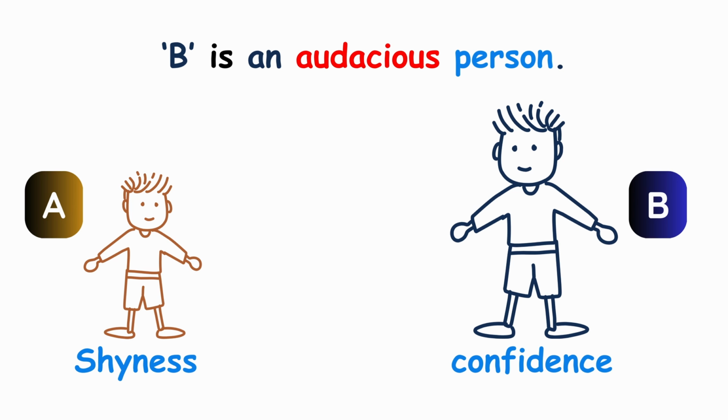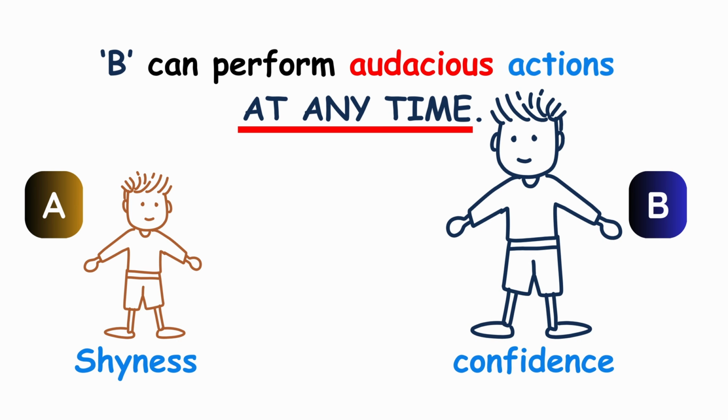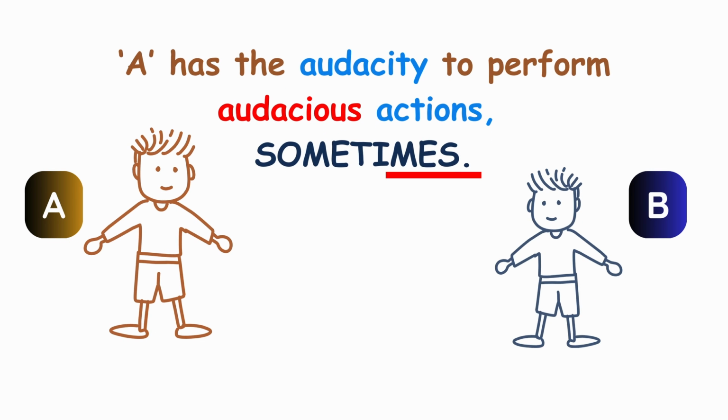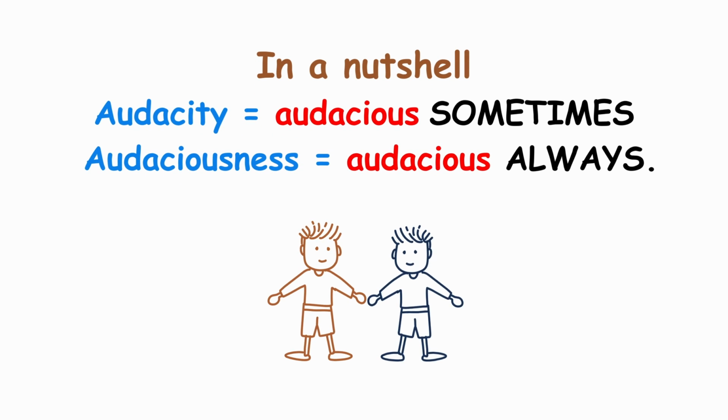B is an audacious person. B can perform audacious actions at any time. A has the audacity to perform audacious actions sometimes. In a nutshell, audacity equals audacious sometimes, audaciousness equals audacious always.